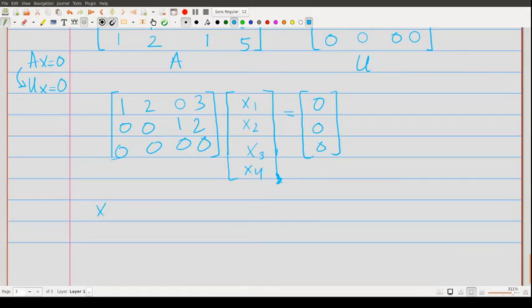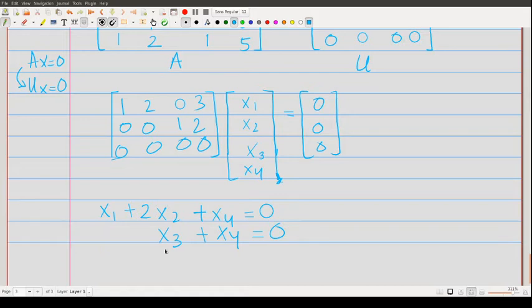The first equation is saying x1 plus 2x2 plus 3x4 equals 0. The second equation is saying x3 plus 2x4 equals 0.